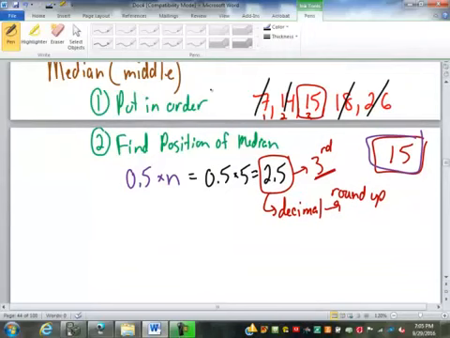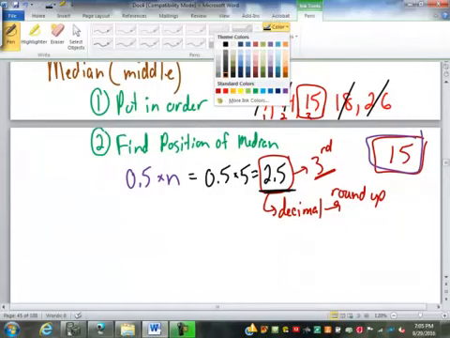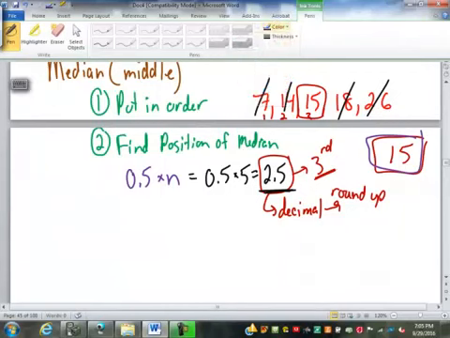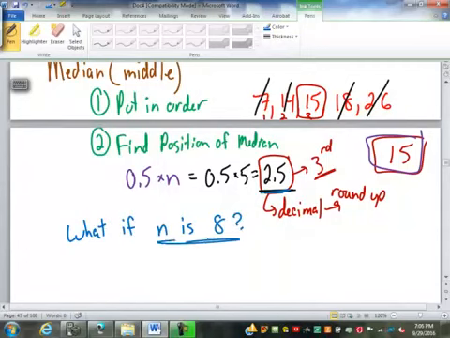Now this was because n was 5, we got a decimal here, so we rounded it up. What if n were 6 or 8 or something else? So the other possibility, this is one possibility here, we get a decimal. The other possibility is, let's say, what if n is 8? So that position is going to be 0.5 times 8, which gives us 4.